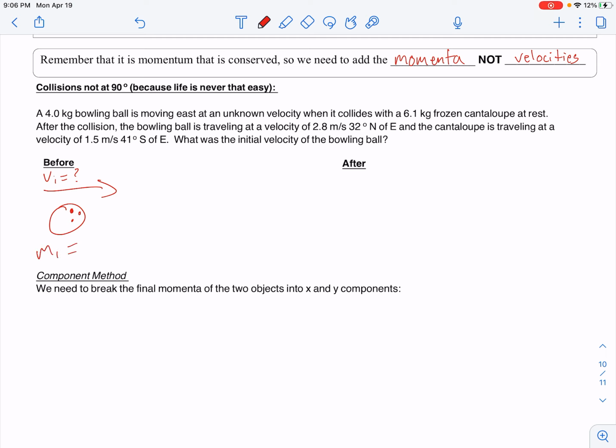We do know its mass, 4 kilograms. All right, and then it is going to collide with a frozen cantaloupe, as you do. Very common real world scenario. We know that's at rest, so its initial velocity is 0, and its mass is 6.1 kilograms.